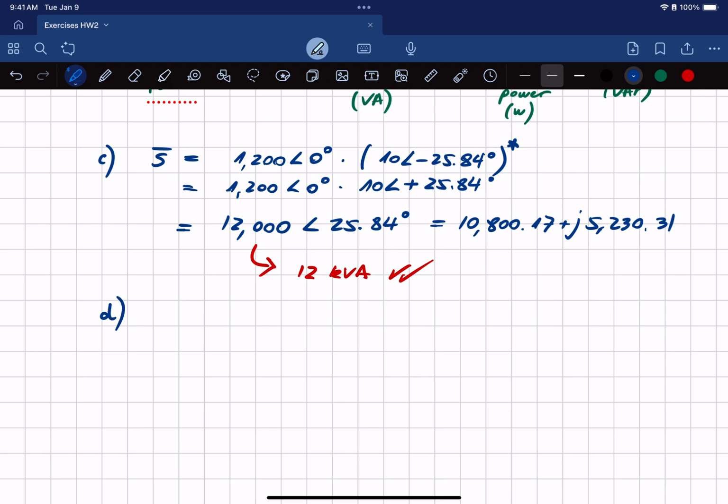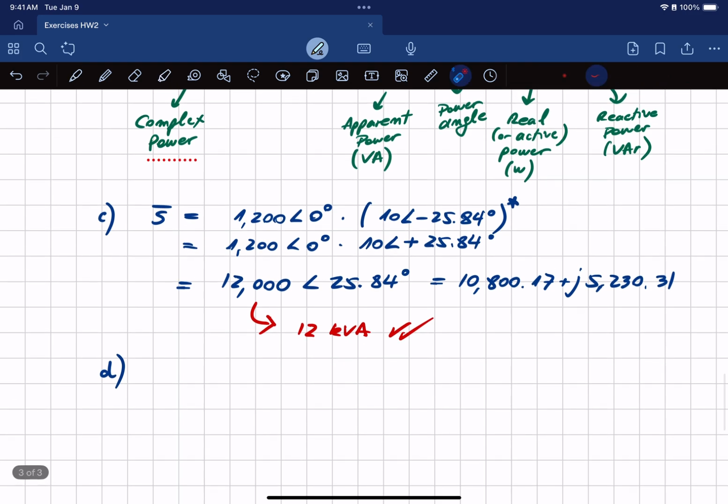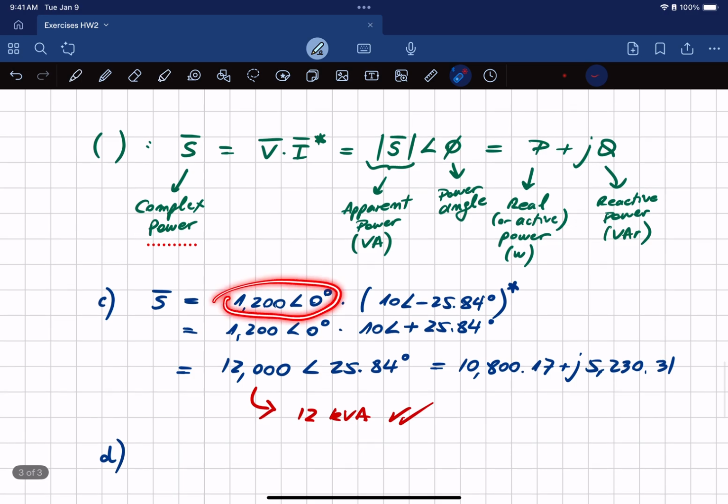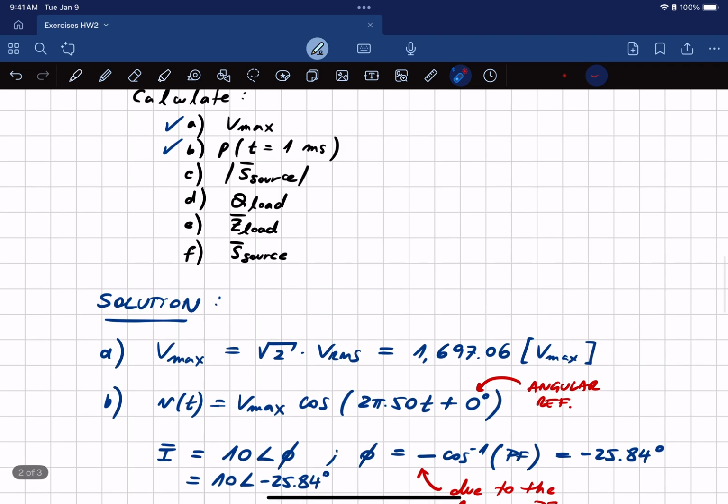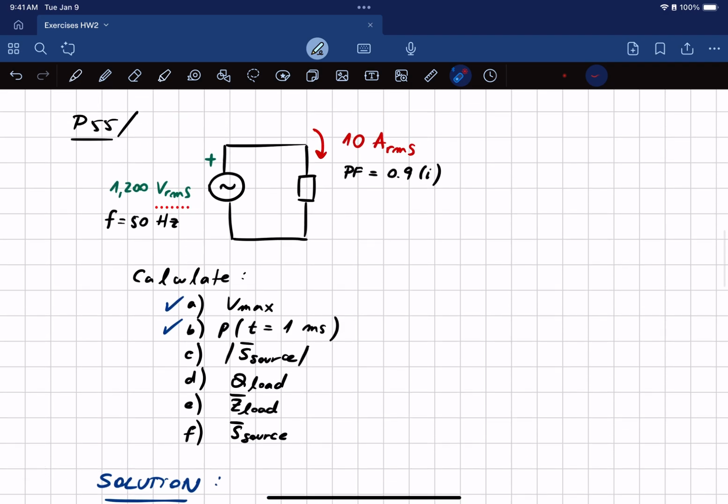D says: the reactive power supplied to the load. Even though we're using voltage and current at the source, this particular circuit is simple enough that you can use the same voltage and the same current, because both are the same. It's just a two-element circuit.